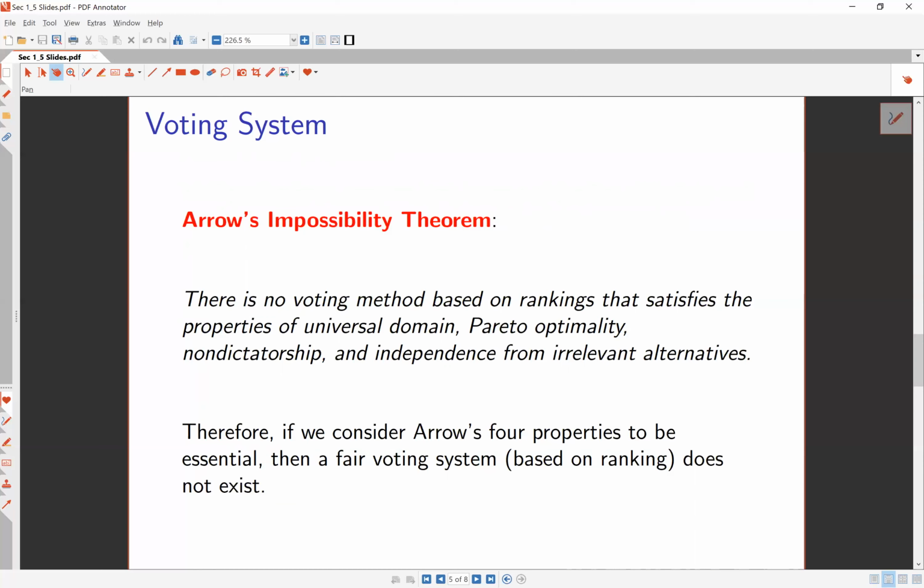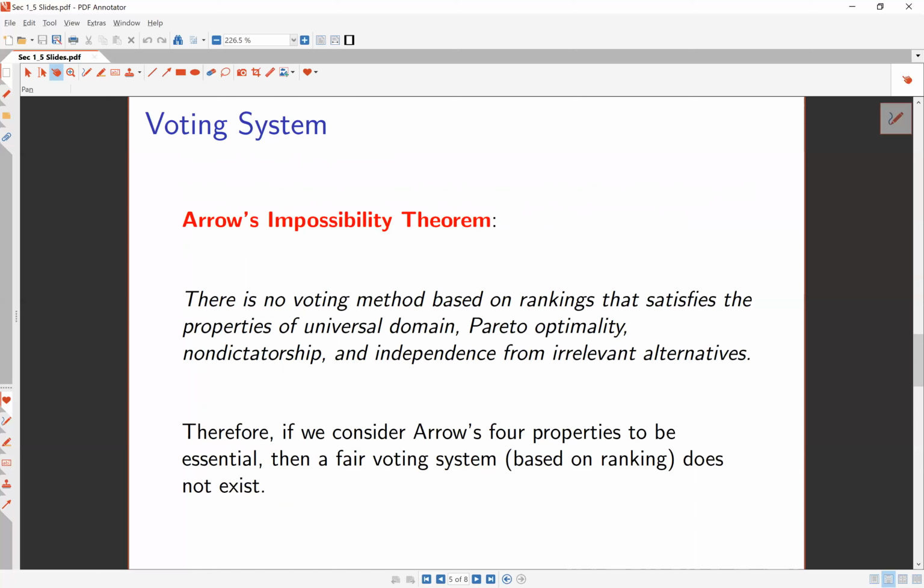So anytime you are working with a voting system that uses rankings or that is equivalent to rankings, even if you're not directly ranking, if it's equivalent to ranking candidates, then that system cannot satisfy all the properties of an ideal voting system. So there is no fair voting system.